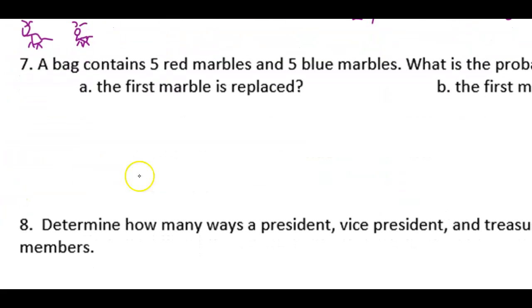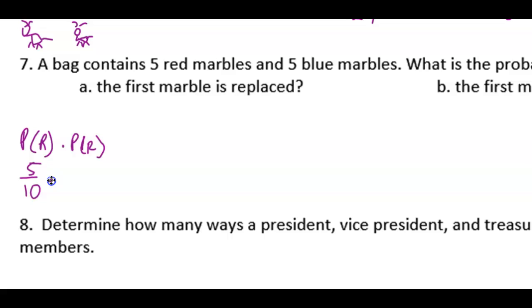Number 7. A bag contains 5 red marbles and 5 blue marbles. What is the probability of selecting 2 red marbles if the first marble is replaced? So this one's a little different. Probability of a red, and then the probability of a red again, but this is with replacement. The probability of a red right now is 5 out of 10, because 5 plus 5 is 10 total marbles.